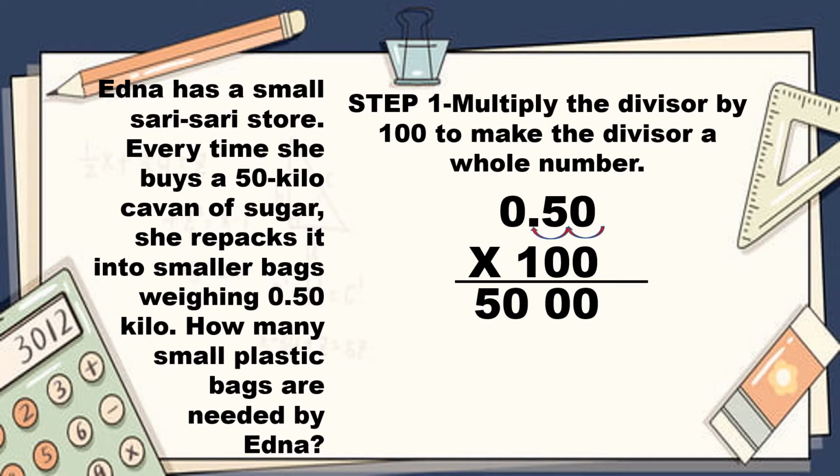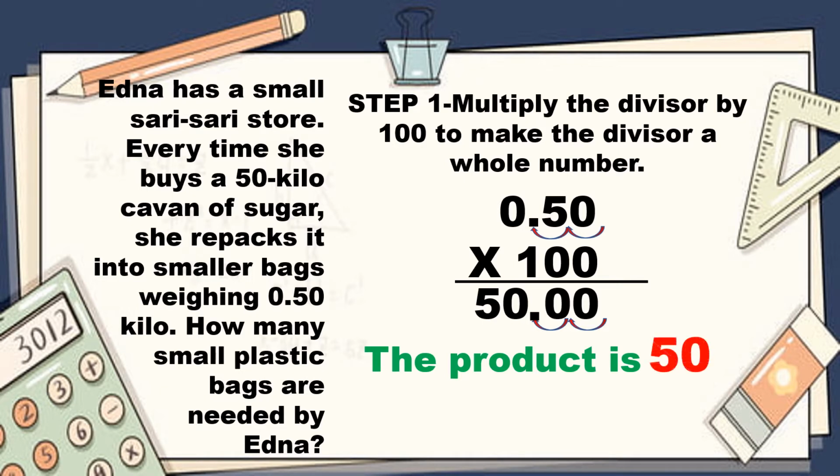Place the decimal point in the product based on the total number of decimal places in the factor. 1, 2. The product is 50. Or, just move the decimal point 2 places to the right. 1, 2 equals 50.